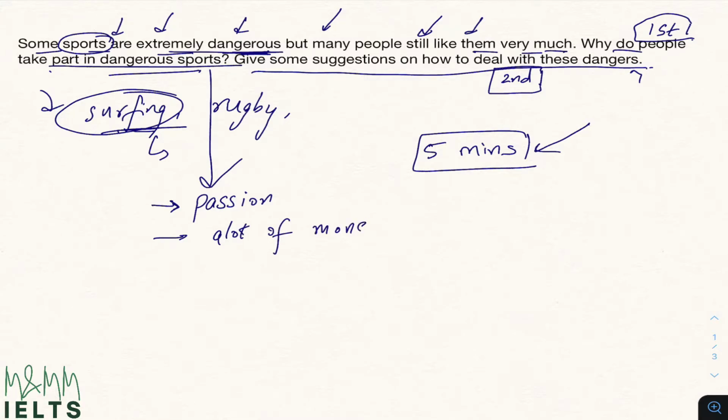If it's a dangerous sport, it's not everyone's cup of tea, so it's easier to get into. Yes, harder to play, but easier to get into, and then yes, you can earn a lot of money. A lot of sponsorships, because if there are fewer players getting into those sports, there'll be a lot of sponsorship options that you might have. So all these kinds of things come to my mind.